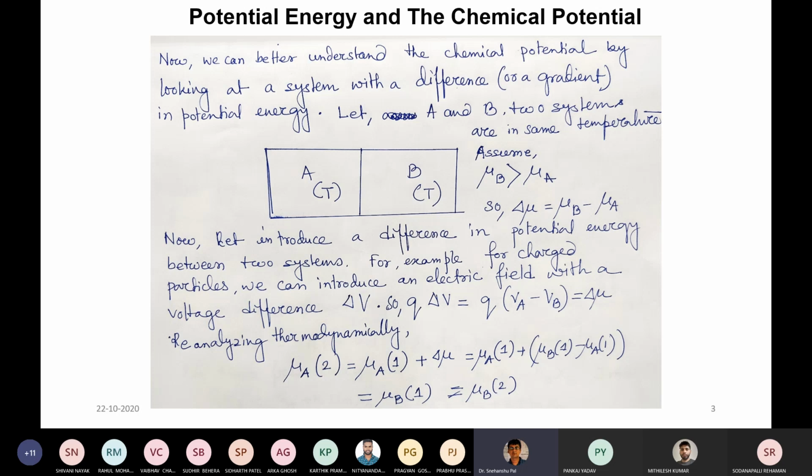So now we can reanalyze the system thermodynamically.